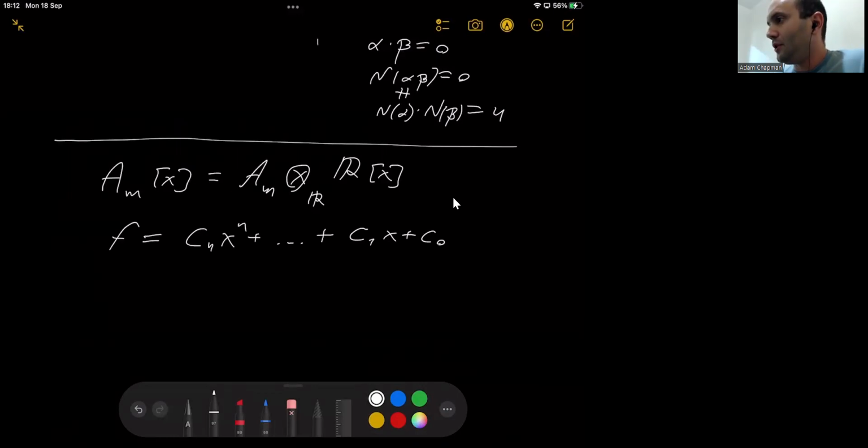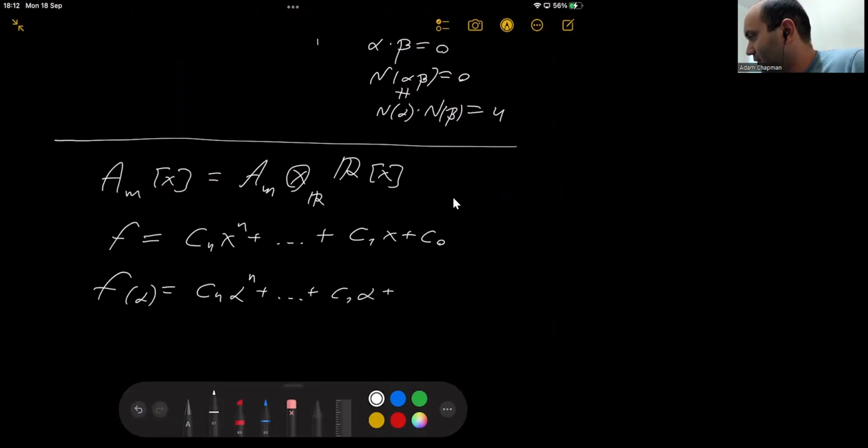And then you have a substitution rule. The moment you put all the x's on the right-hand side, you can decide that that's where you put whichever element you want. So if you plug in alpha, you just replace x with this alpha. So I'm going to start by writing it this way, and then somebody might jump and say that I'm writing nonsense, and I do. I am writing nonsense here because what does this mean?